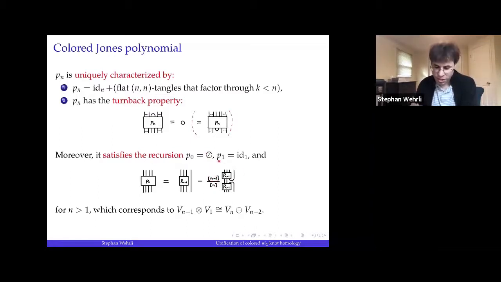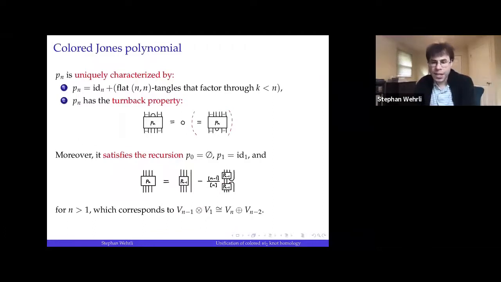This formula corresponds to the fact that V_{n-1} tensor V_1 is isomorphic to V_n plus V_{n-2}. So basically what the formula says is that this projector is the sum of these two projectors. This projector corresponds to this representation, this projector corresponds to this representation, and this one corresponds to this representation. So this is sort of the classical story.